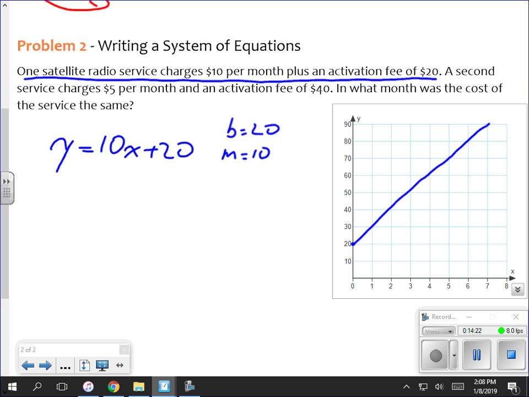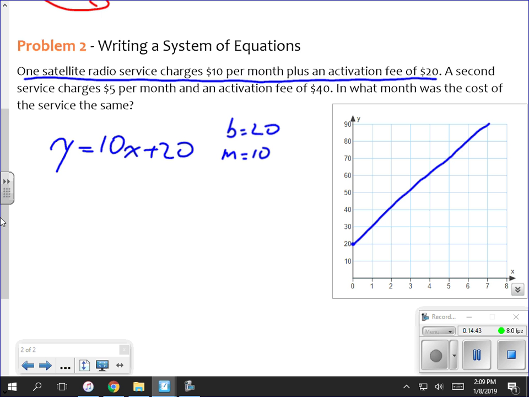Because the scales aren't the same. One per line going horizontally, 10 per line going vertically. So that is actually a slope of 10. It's not a slope of 1. It is technically a slope of 10, so it looks like a slope of 1.